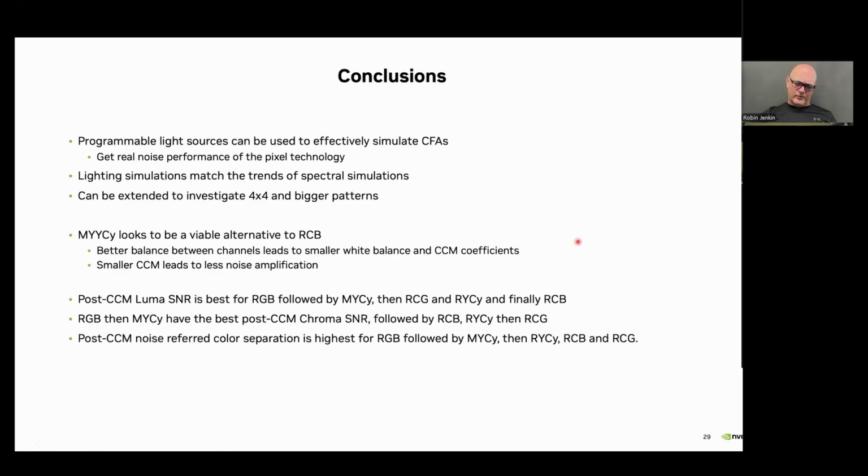If you look at the difference between a green 2.1 micron pixel and a clear 4.2 micron pixel, you've got something like 3 stops difference in sensitivity straight away, which is great.